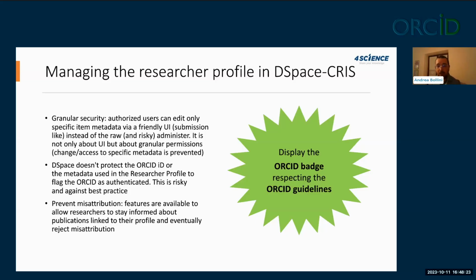And you have no evidence whether this publication was accepted by the other researcher, the co-author, or not. And if someone identified the wrong co-author, there is no way for the researcher to unclaim, to reject this misattribution. So at the publication level, this ORCID ID cannot be considered really authenticated.